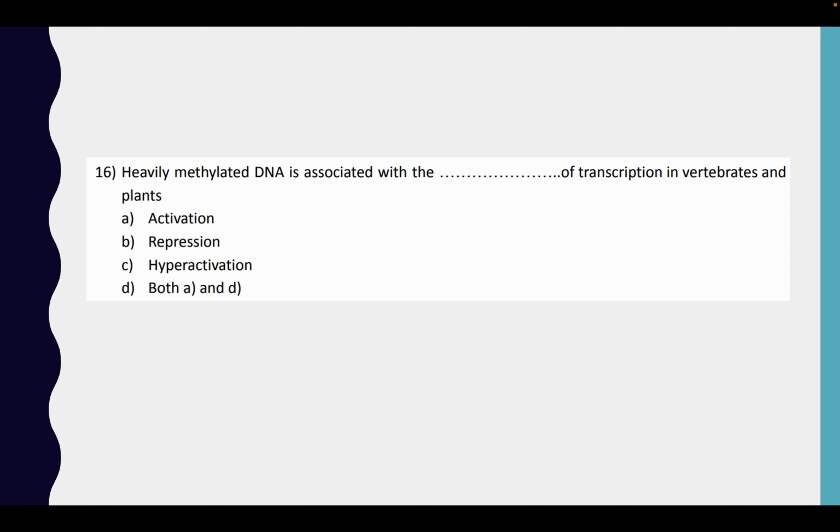Heavily methylated DNA is associated with dash of transcription in vertebrates and plants.